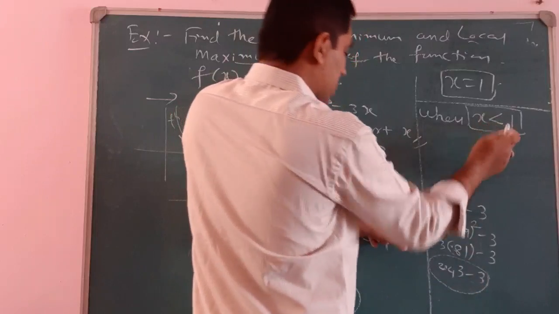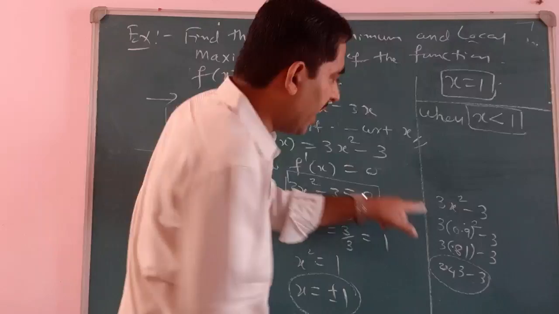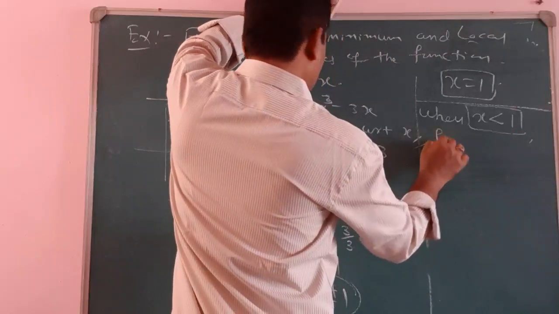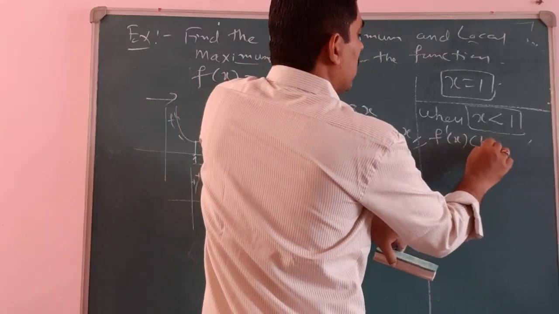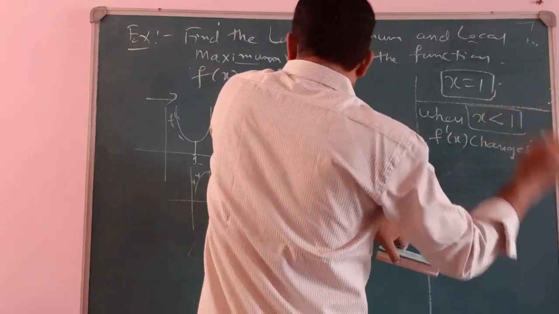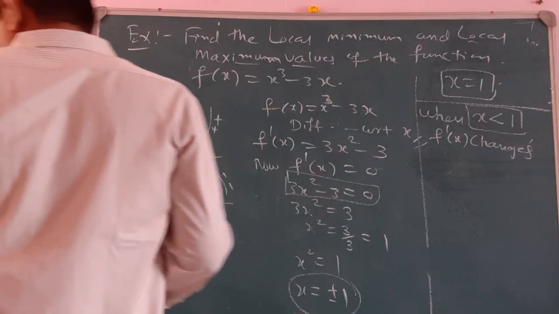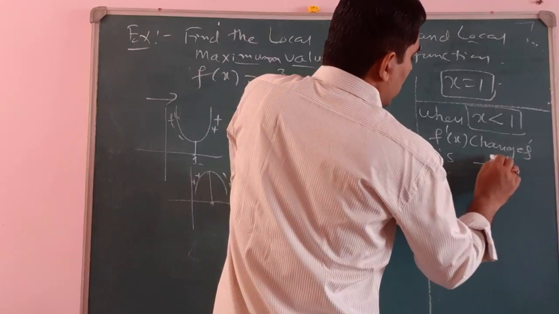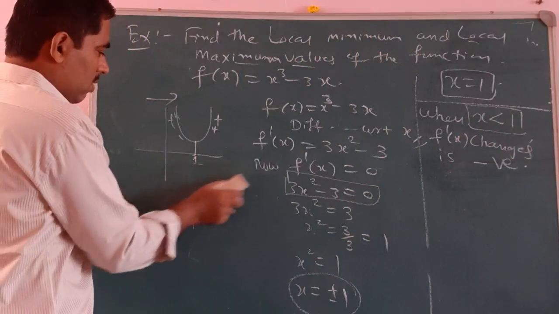So when x is less than 1, the sign of the derivative is negative. I can write this: when x is less than 1, f dash x, the derivative, is negative.